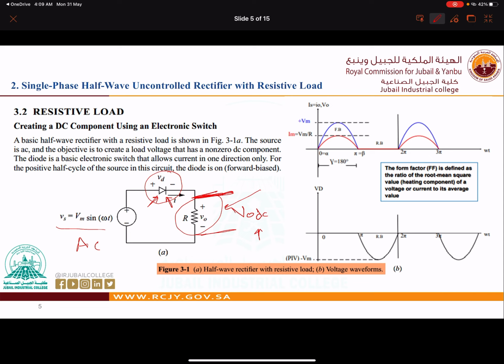So the supply waveform is like this. I'm going to draw it here. This is our supply, an AC wave.